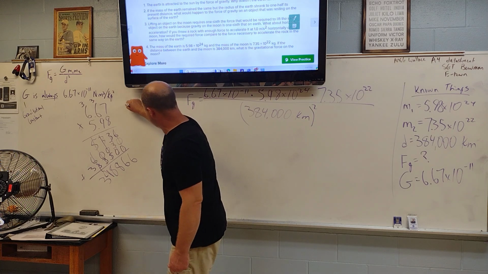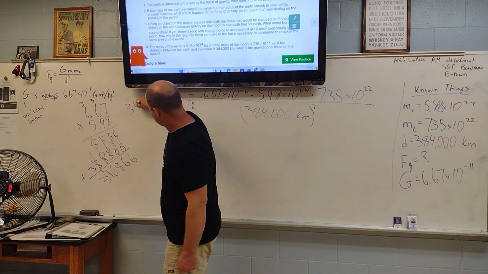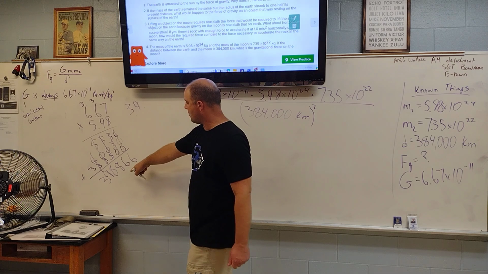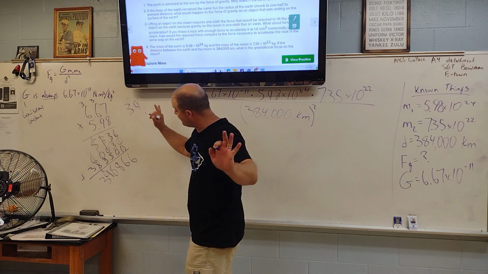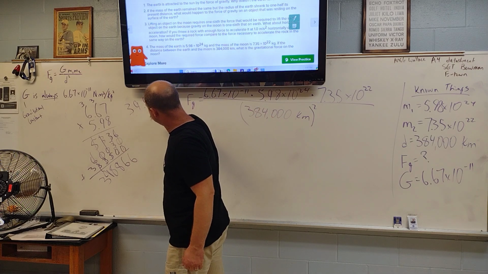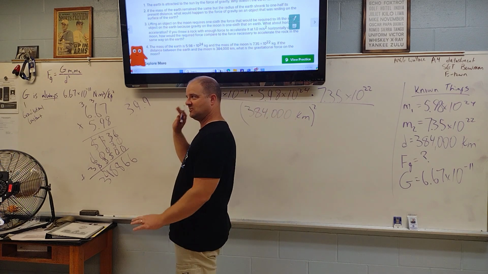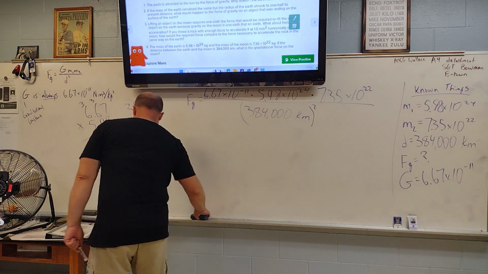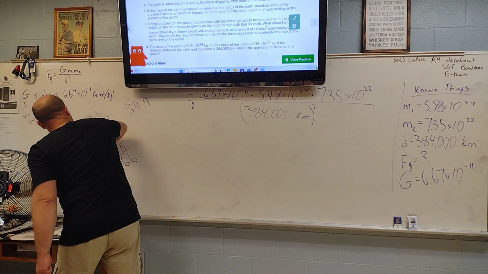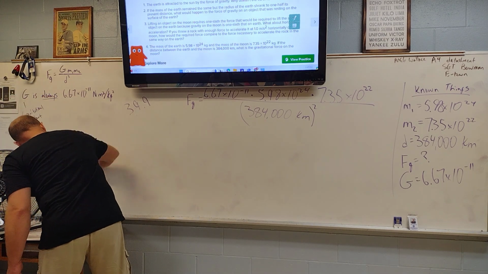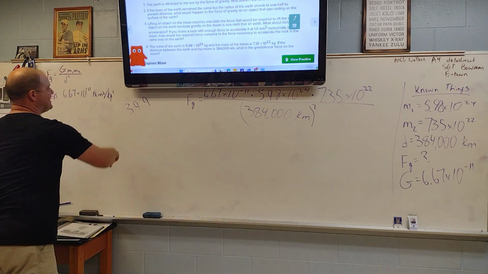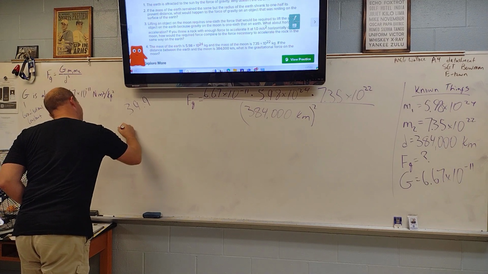I'm going to have 39.9 after rounding. Is that fair? Give me permission to round, otherwise it's going to take a lot longer. All right. 39.9 times what?